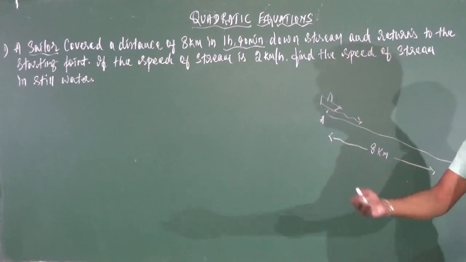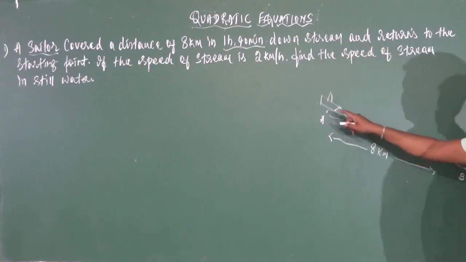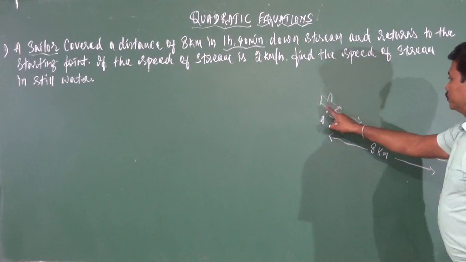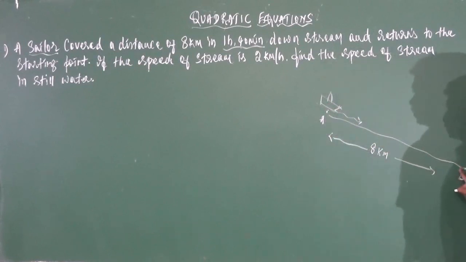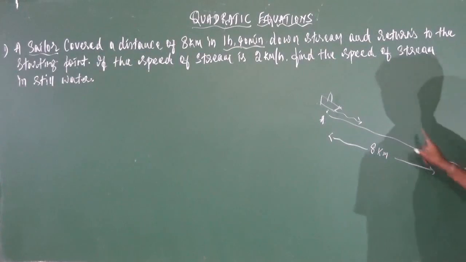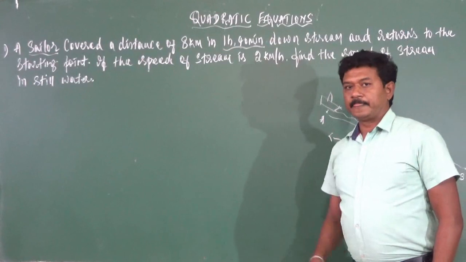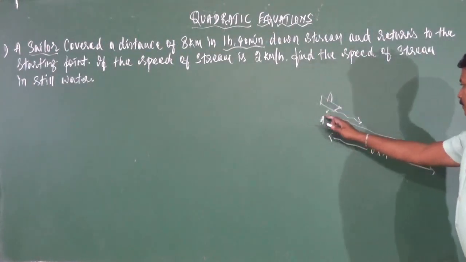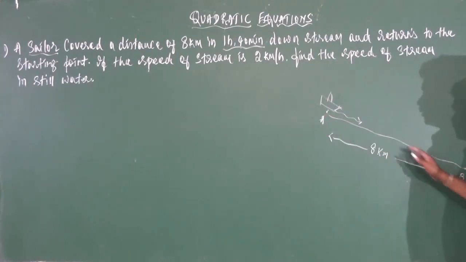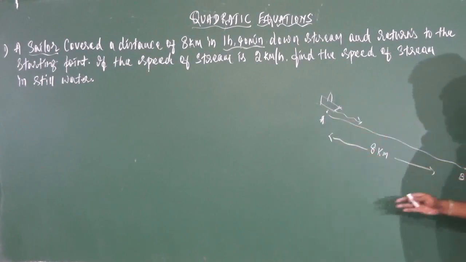So here also, the time taken by the boat to go from A to B, that is downstream, and the time taken to go from B to A, that is upstream, is not the same, right? Because going from A to B is downstream, the speed of the boat will naturally be more.